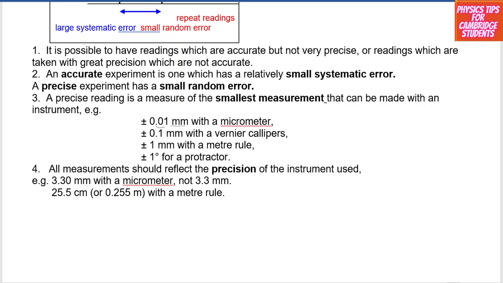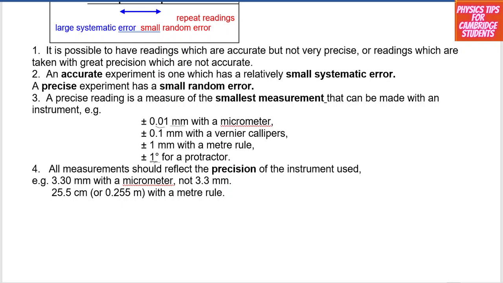And then vernier caliper 0.1 millimeters, then meter rule 1 millimeter, but that's plus or minus. And then the protractor, you always state your values to the nearest degree. All measurements should reflect the precision of the instrument used when you're doing your practicals.